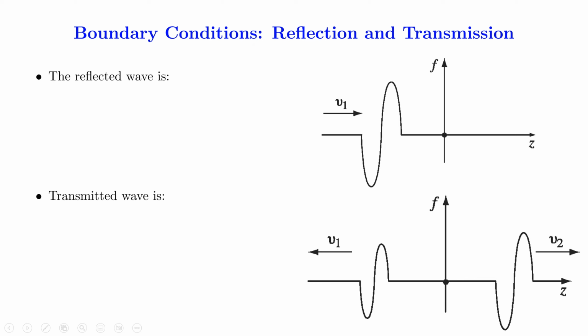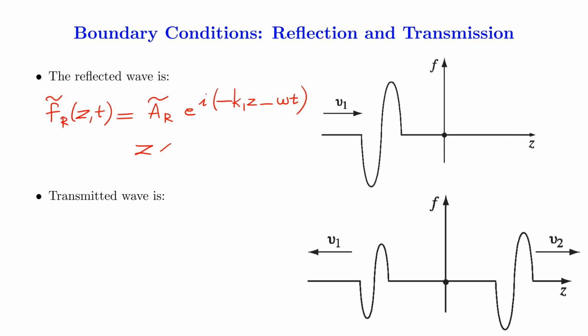We shall write the equation for the reflected wave as Fr, which is a function of z and t. This is equal to the complex amplitude AR times e raised to i(negative of k1 z minus omega t). So this is for the region z less than 0.